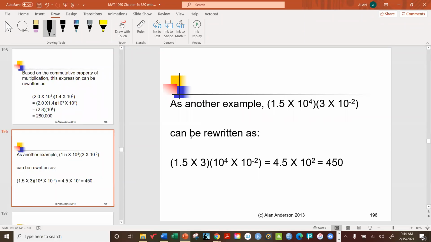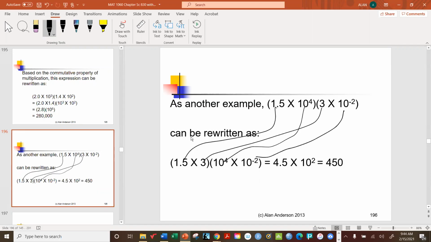All right, here's another nice one. I'm combining the 1.5 and the 3, and then the 10 to the fourth comes here, 10 to the negative 2 comes here. So the product of 1.5 and 3 is simply 4.5. And here I'm adding the exponents. 4 plus negative 2 is 2.